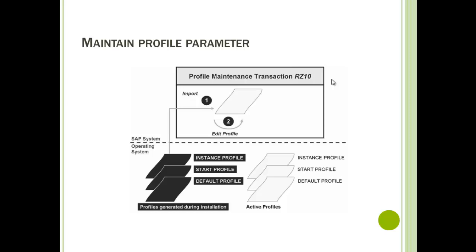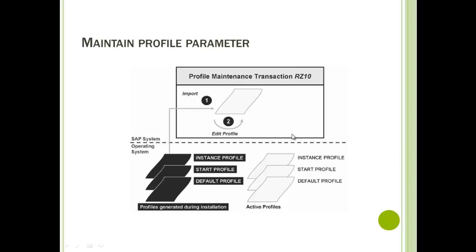For small changes we don't do that. But if you are going to make quite a lot of changes while the system is already running, take a backup of the profile parameters, then do the major change. If anything goes wrong, you can put back the old profile parameters and start the system. That is the reason I said that.